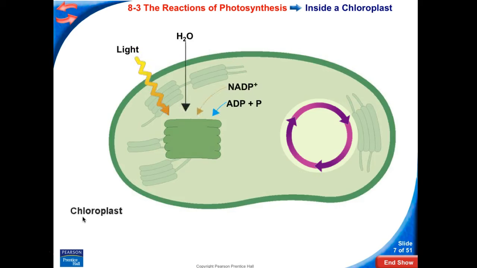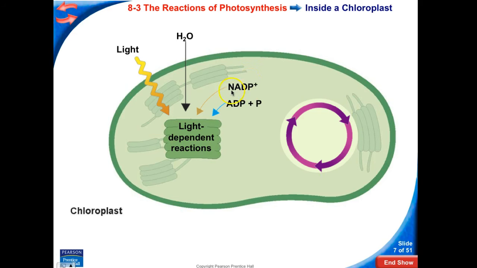So what we have coming in: water and light energy are coming into the plant and into the chloroplast. This here is representing a chloroplast, and this structure here is a thylakoid. It will be a stack of thylakoids known as grana. And we have the light-dependent reaction.